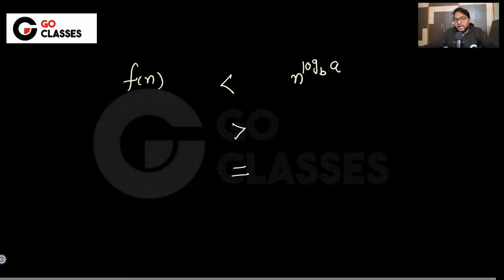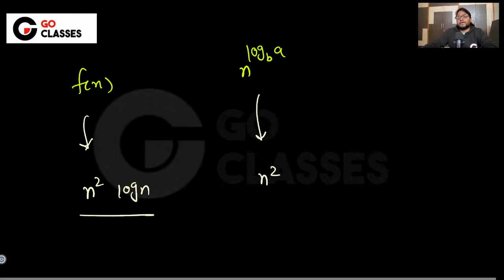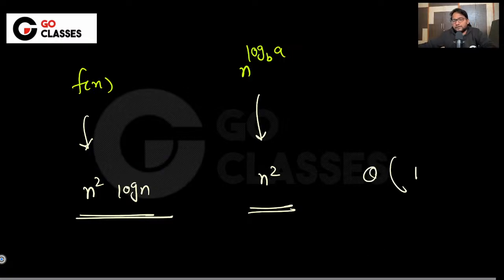Even if it is not equal, if one of them is log n times greater, say this is n squared log n and this is n squared only, then you can directly write the answer with a log squared n.